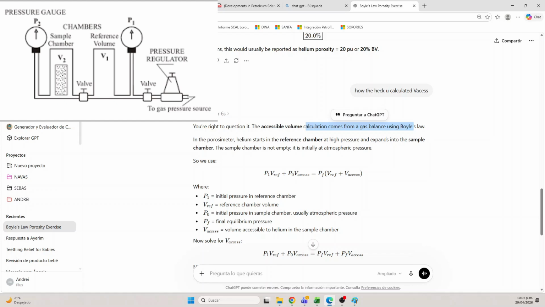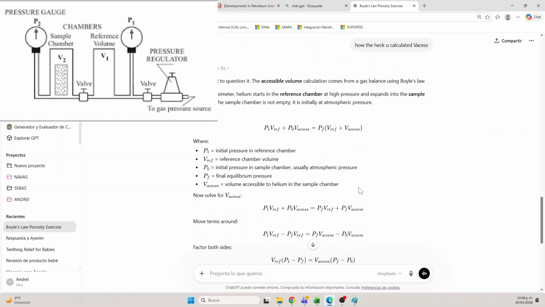So this is the equation: P1, the initial pressure in the reference, times the volume of the reference, plus the initial pressure in the sample chamber times the accessible volume for helium, because the sample is taking space, is equal to the final equilibrium pressure of the system times the two volumes, the reference volume and the accessible volume.